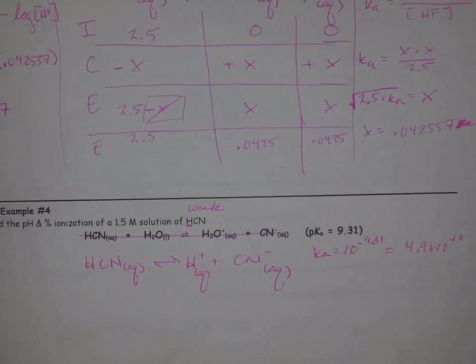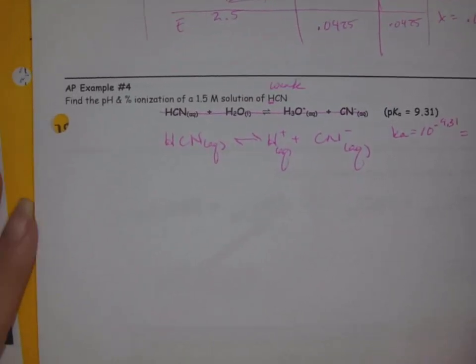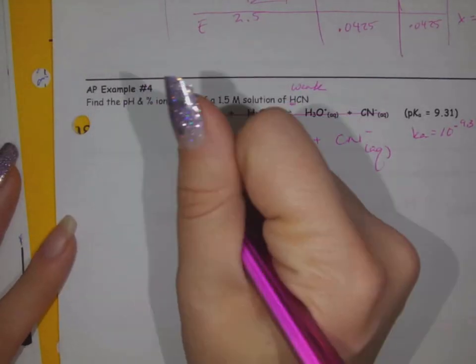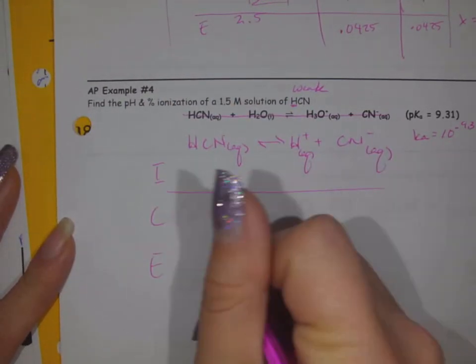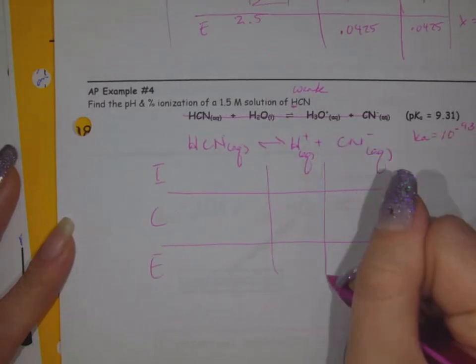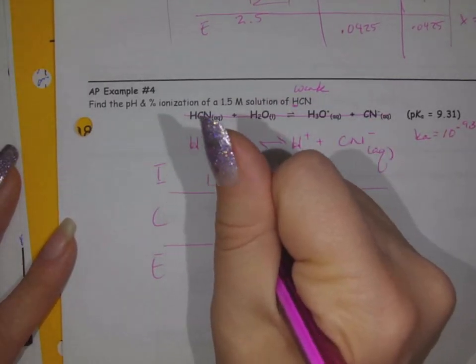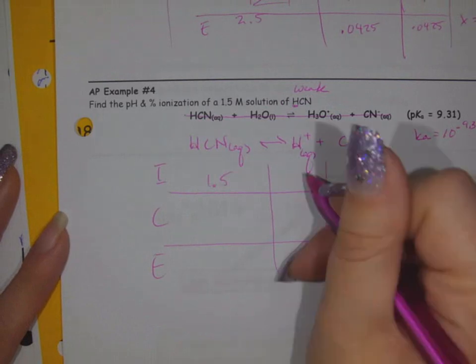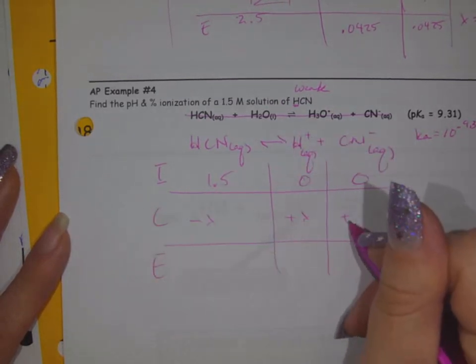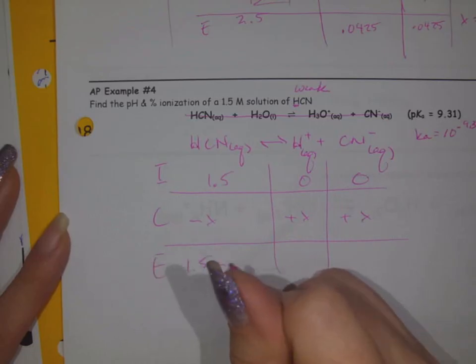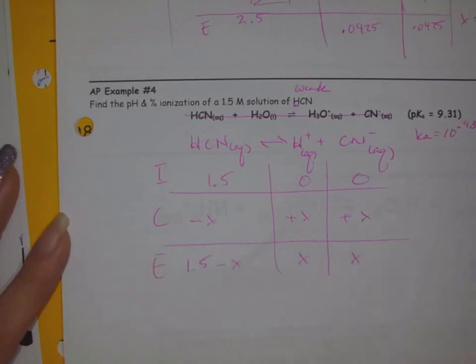All right, let's make this ice table because it's a weak acid and we're trying to find pH. We're starting with 1.5 molarity, 0 and 0. We got a minus x and a plus x, so it's going to be 1.5 minus x, x and x.